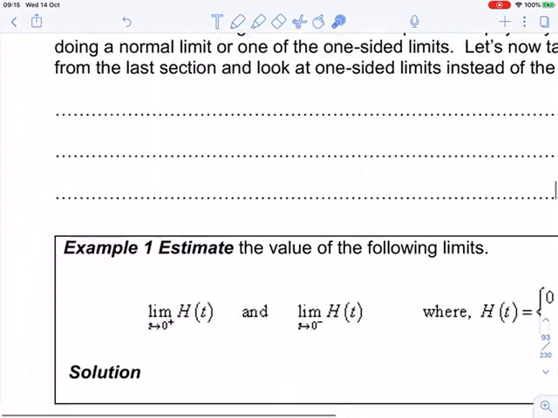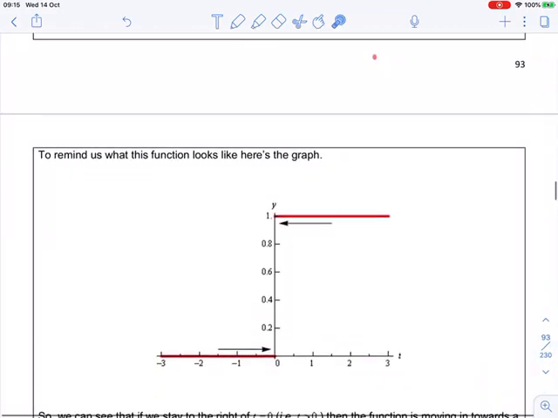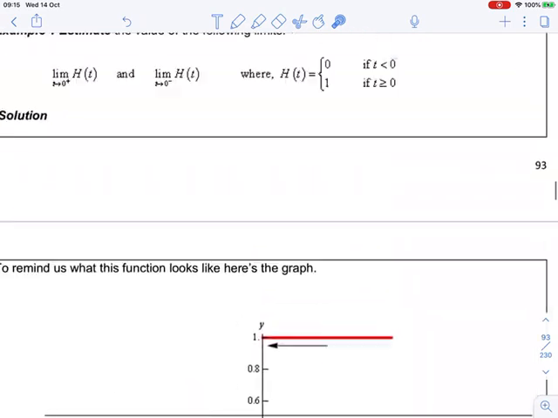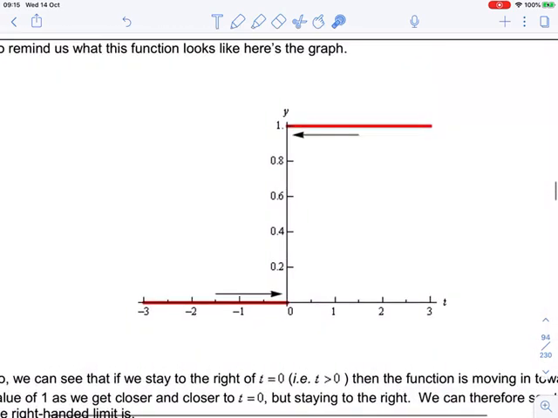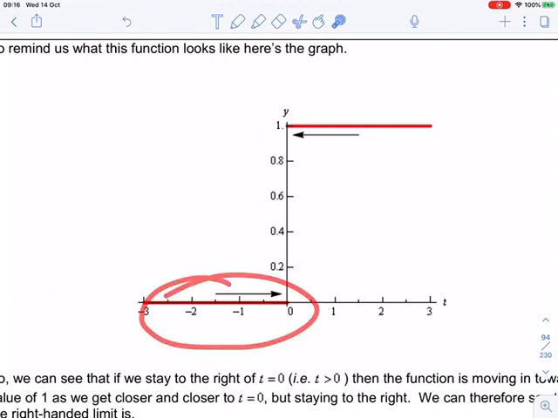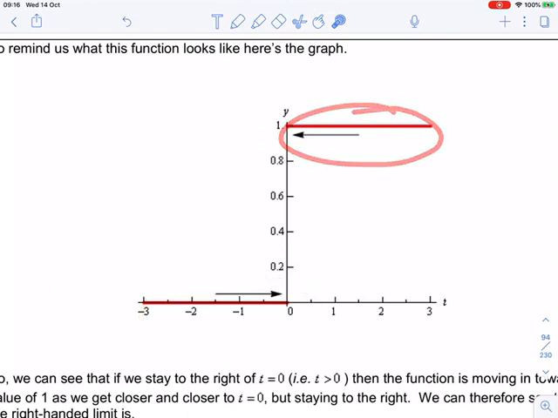So if we can just look at the example here, if we have this function, the step function, and we look now at 0 here, there's a problem at 0. We can clearly see there's a problem at 0. The graph was over here and now it's suddenly over there. Something happened at 0.